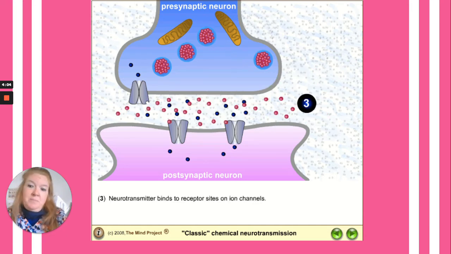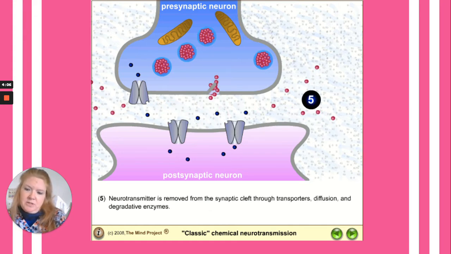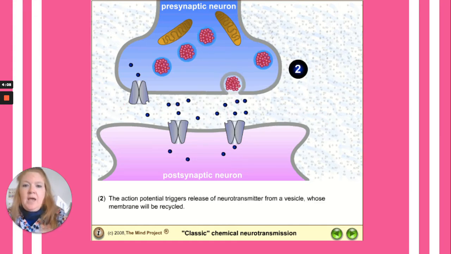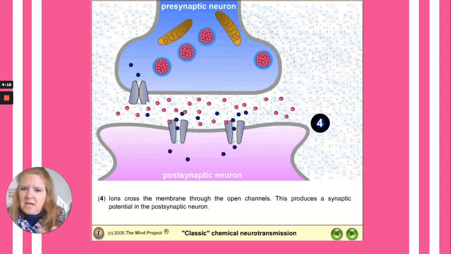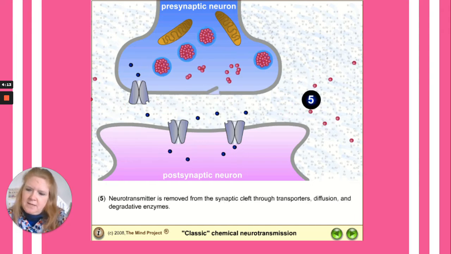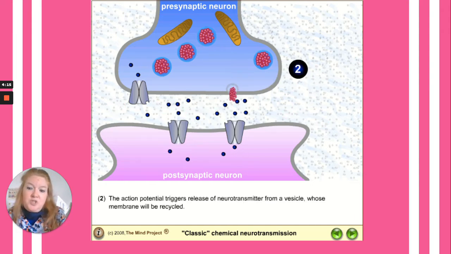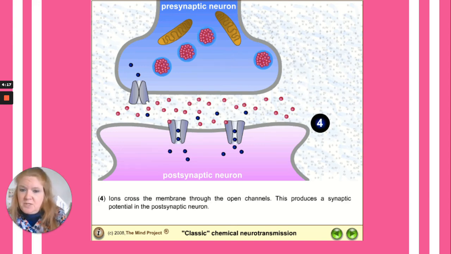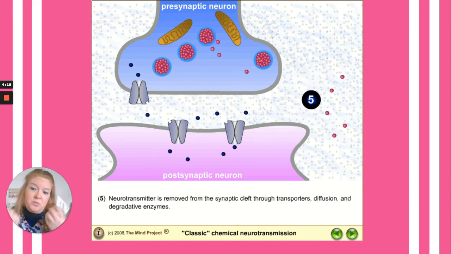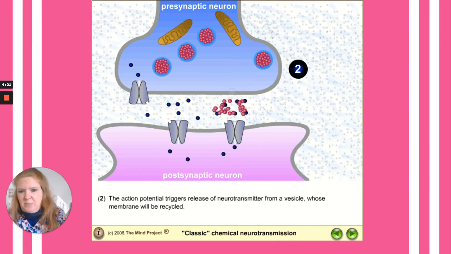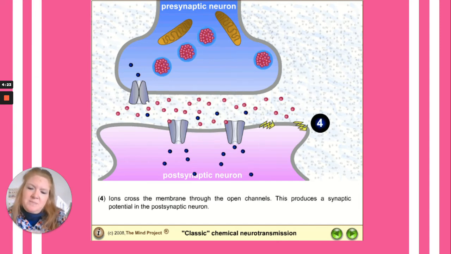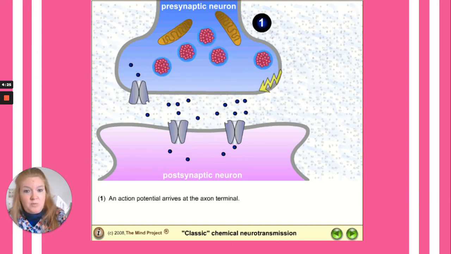There might be something blocking the receptors, also a problem. And you can see in this GIF, once the dopamine is used and signals the receptors, it is recycled. The cell takes back up that dopamine to use it again. So if there's an issue with the reuptake, that also creates a problem. So there are a lot of spots where there can be issues.